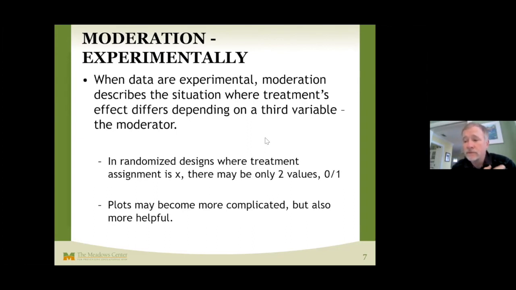Age in that situation is a continuous variable, which is different than gender. Gender, recall, is a dichotomous categorical variable. Age is continuous. So the math of doing the moderation would be a bit different. However, it still involves an interaction, which as before is the product of the independent variable and the hypothesized moderator.